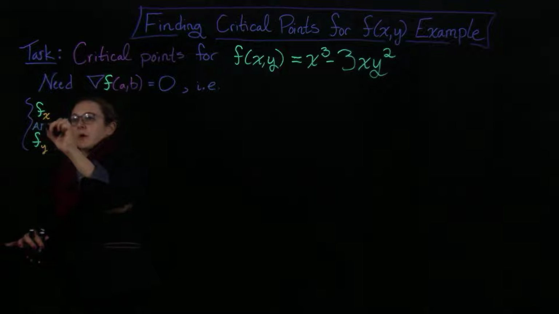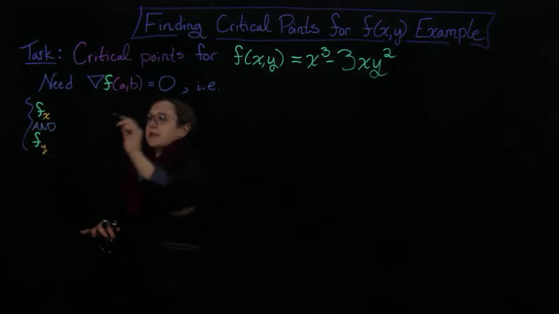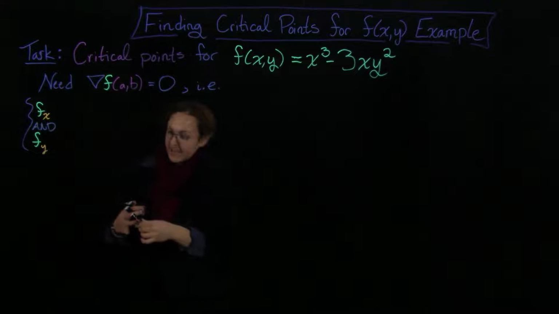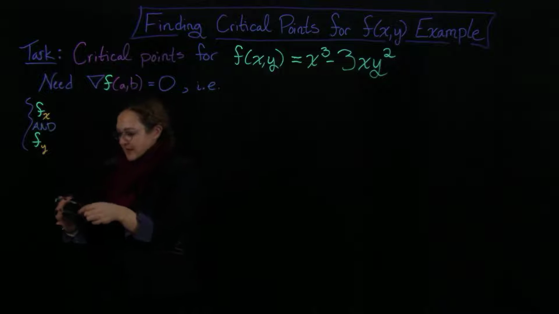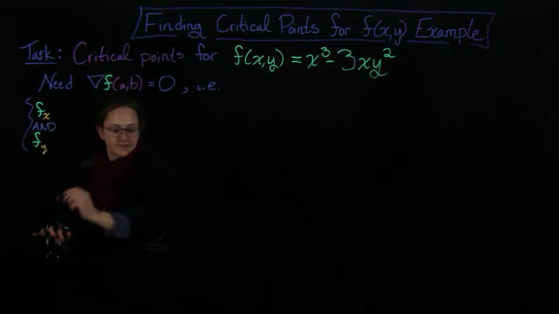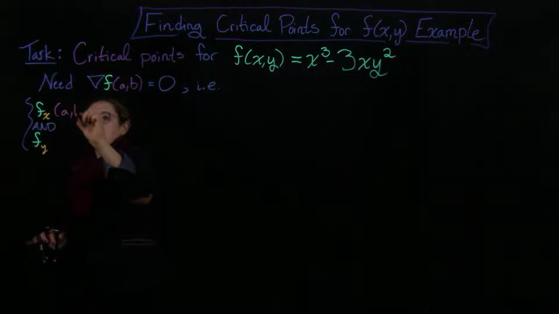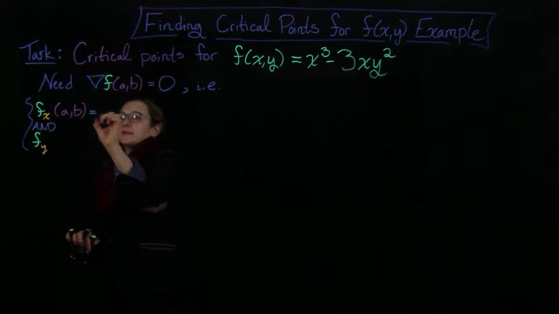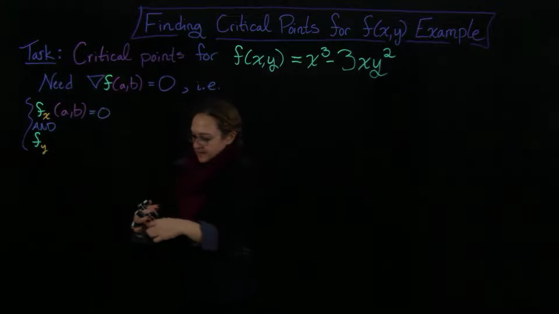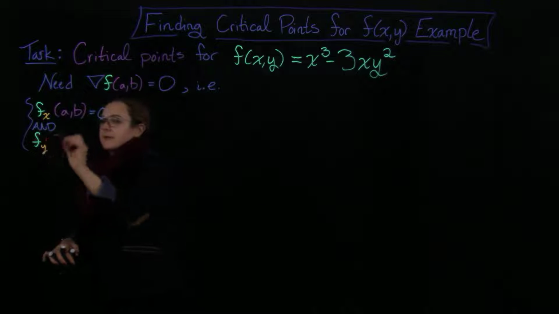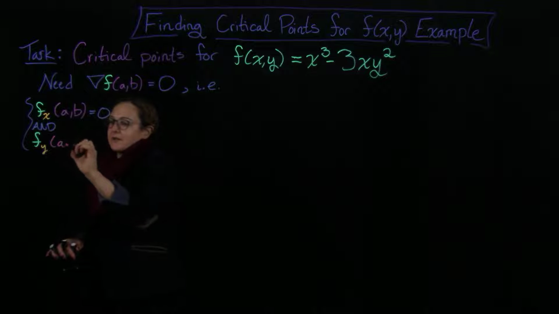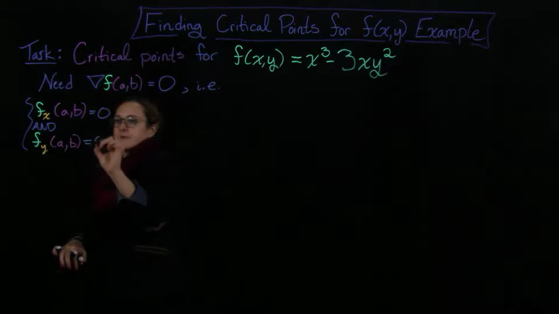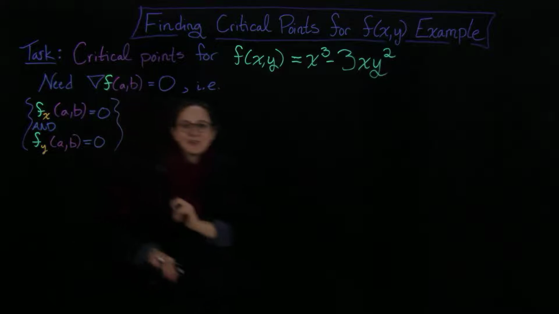Remember, the gradient's first coordinate comes from the partial derivative with respect to x, evaluated at (a, b), and that has to be 0. To make the second coordinate 0, we take the partial derivative with respect to y, evaluate it at the point (a, b), and we have to get 0. Okay, so this is what we actually need.